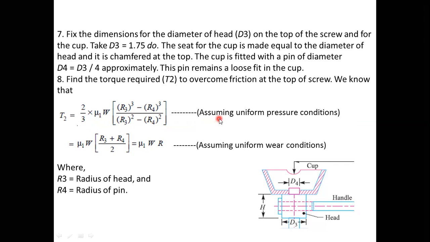This is for the uniform pressure condition. Now, for the wear condition, T2 will be mu1 into W into (R3 plus R4) upon 2, that is equal to mu1 into W into R, where R3 is the radius of the head and R4 is the radius of the pin.